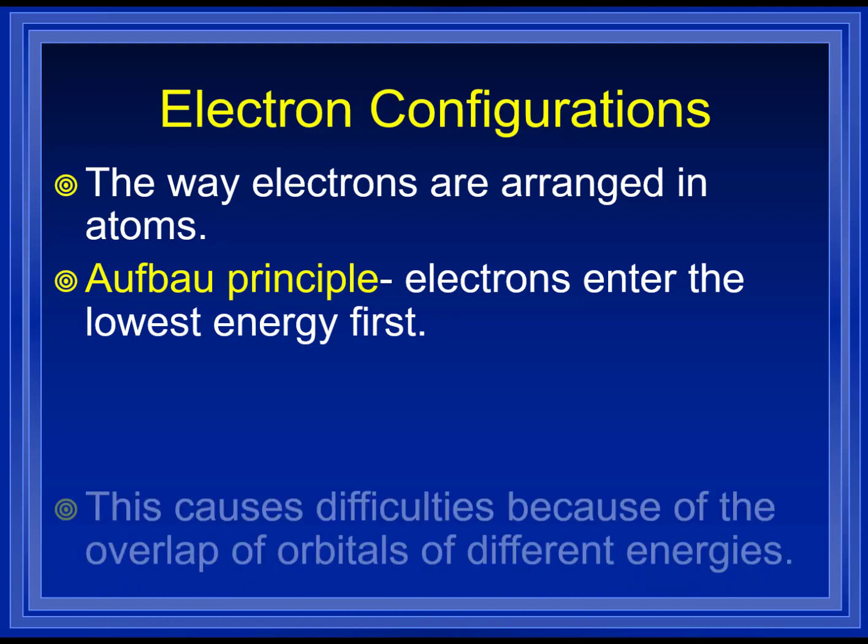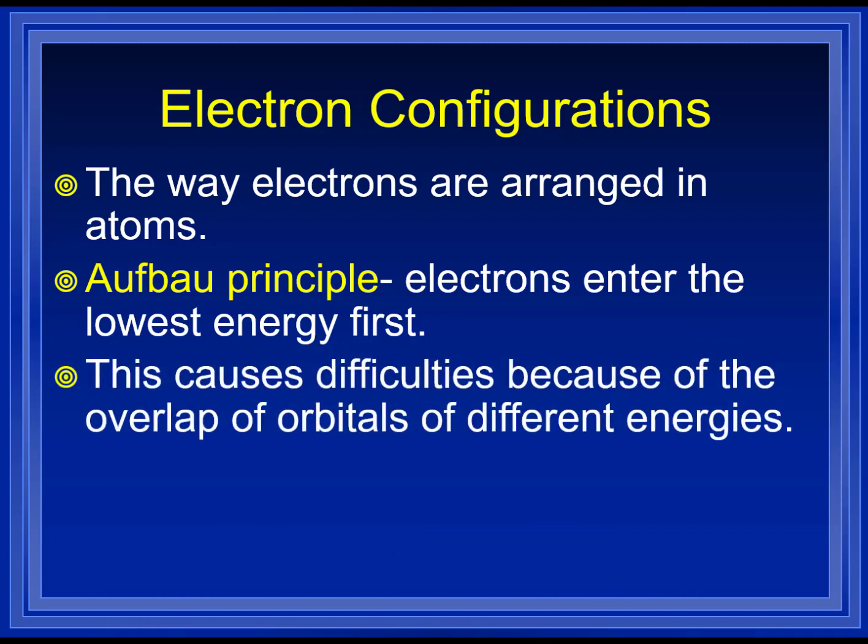And so the Aufbau principle gives us grief because of the overlap of those orbitals from different energy levels. They've got different levels overlapping with each other. I need a diagram to keep track of what's going on. Without a diagram, I don't know what's going on.